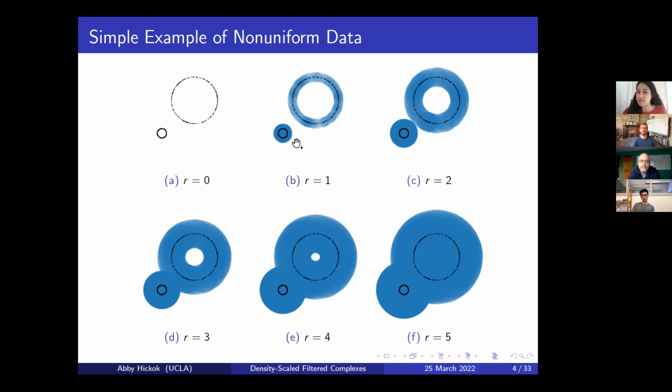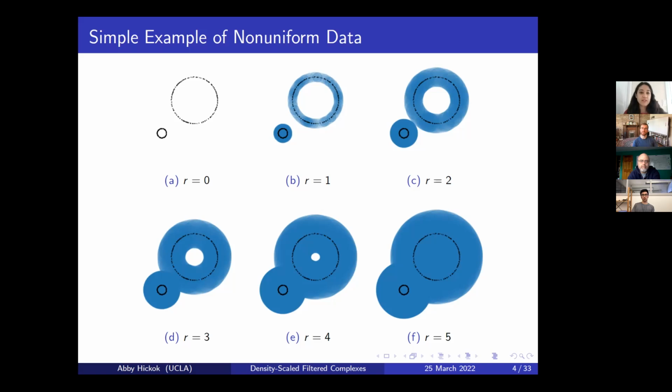Whereas the homology class represented by the small circle dies almost immediately. So if we were to apply the conventional wisdom, we would say this large circle is a true feature and the small circle is just noise. And of course, that's wrong here. Both of these homology classes corresponding to the 2 circles are very real features in the manifold. And we have just as much information about both of them because points are very dense on this small circle. And yet the conventional wisdom gets it very wrong.